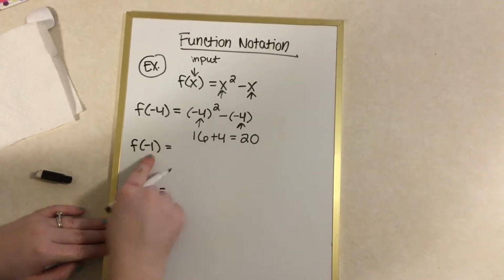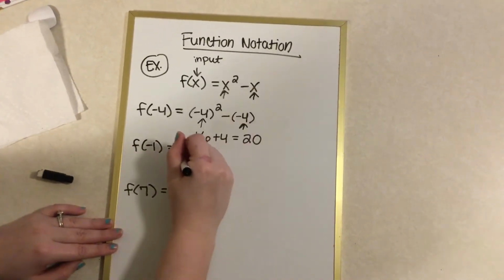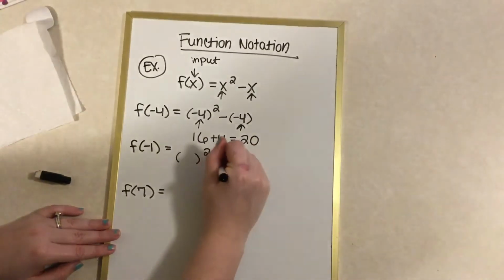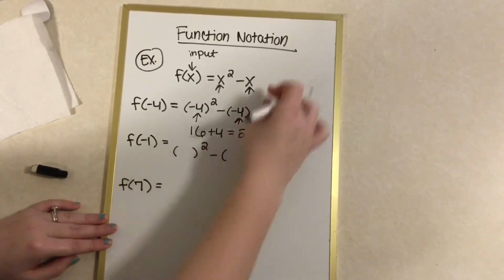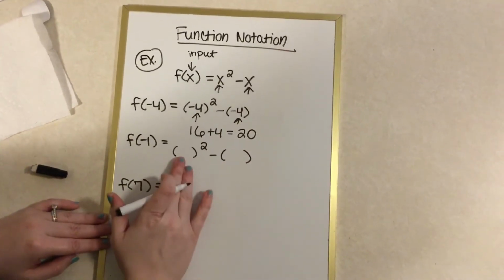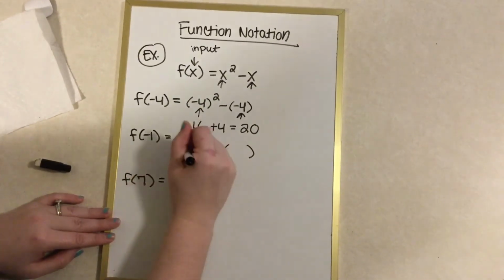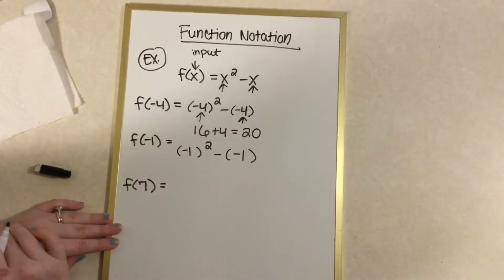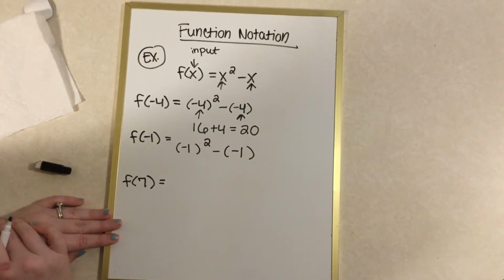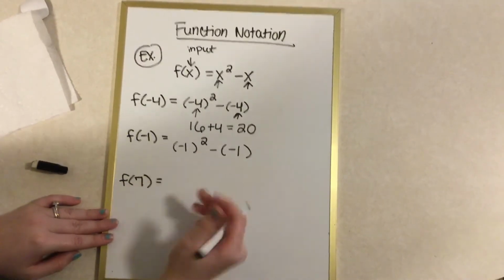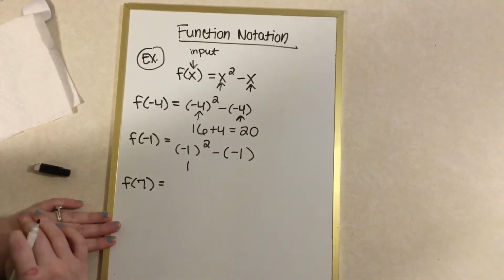If we do it again with negative 1, again, same process, just plugging in a different number. You could even start by rewriting the problem and replacing the x's with parentheses, and then after you have that done, just plug in the number that you're supposed to inside the parentheses. Again, negative 1 squared will be a positive 1.